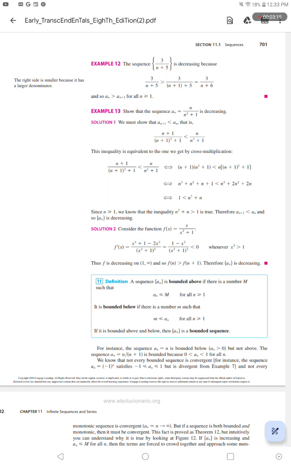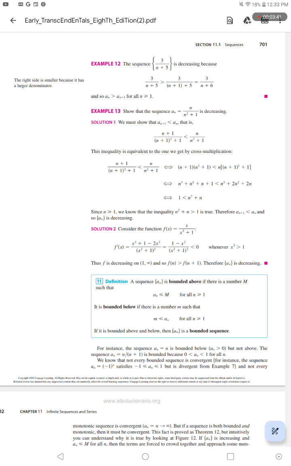Thus f is decreasing on the interval (1, ∞), and so f(n) is greater than f(n+1). Therefore, (a_n) is decreasing.